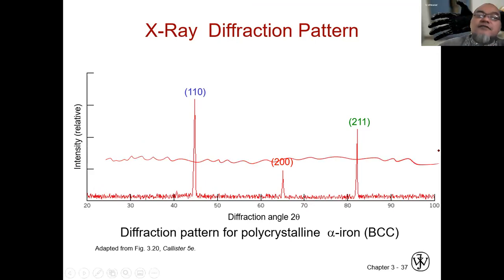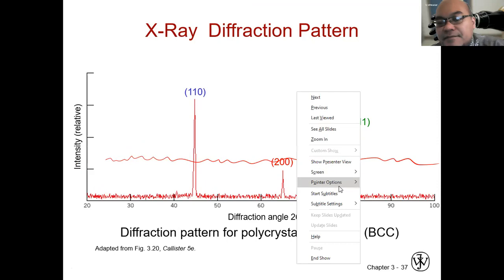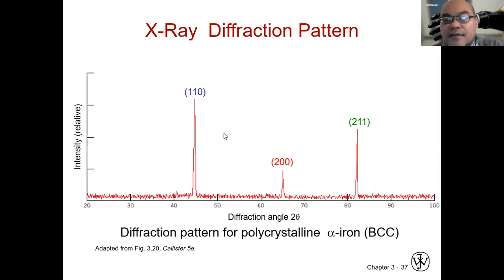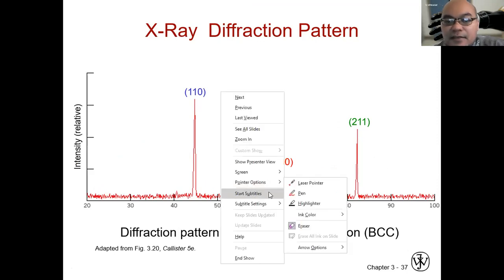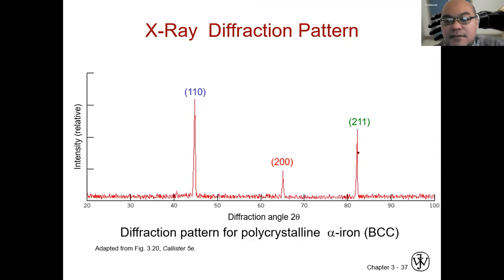So you know that you have a crystalline state material if your X-ray diffraction pattern has peaks in the intensity versus diffraction angle graph.